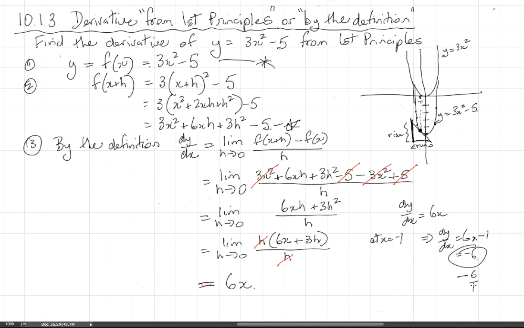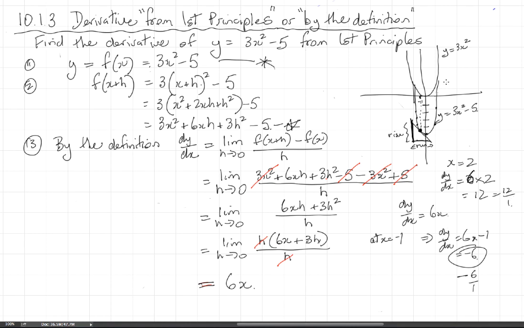I just chose -1. Say I wanted x equals 2. What's the gradient of the tangent, or the gradient of the curve, at x equals 2? dy/dx is 6x, so 6 times 2, which is equal to 12, which is 12 over 1.